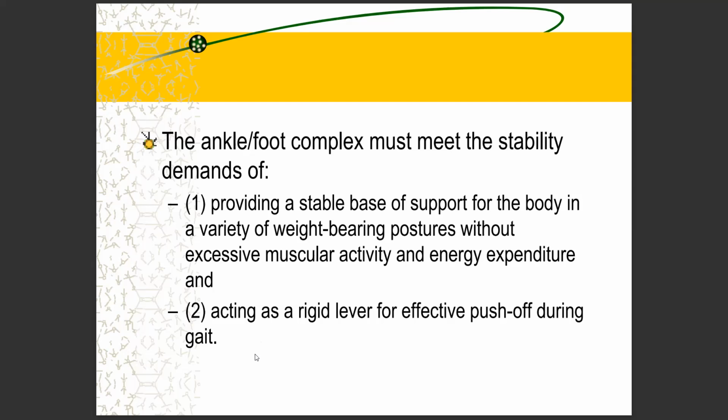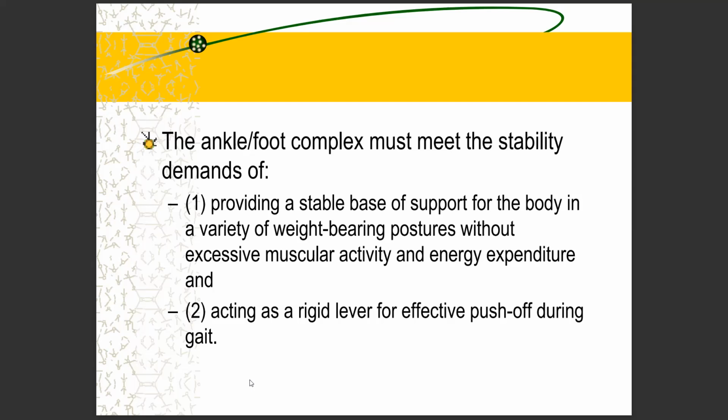The third one is the mid stance. Then the heel off, and the last one is the toe off, which we can also call the push off. So that is the ankle and foot complex acting as a rigid lever for the effective push off during the gait. The swing phase consists of the early swing, the mid swing, and then the late swing.